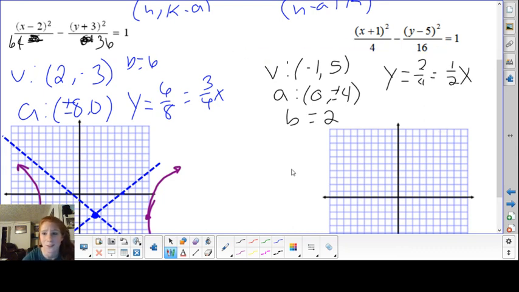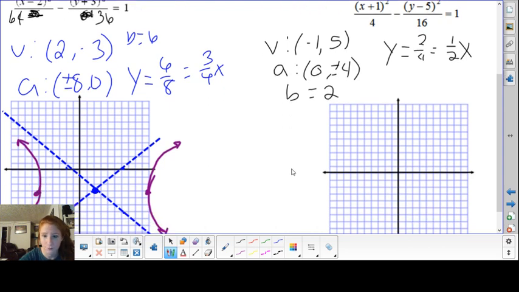Remember, reducing makes my life easier, so I want to do it when possible. So -1, 5. So from that point, I'll go up 1/2, essentially creating a box there.